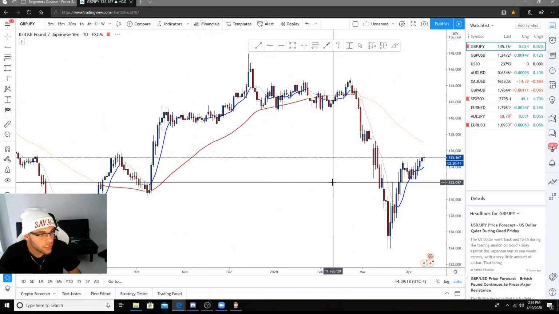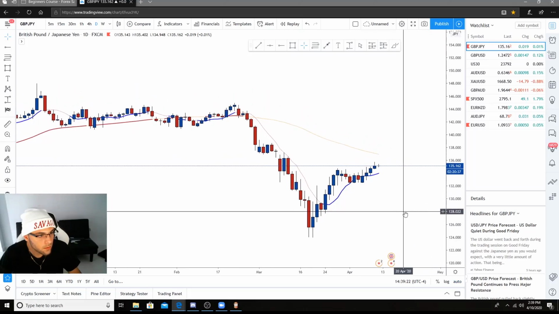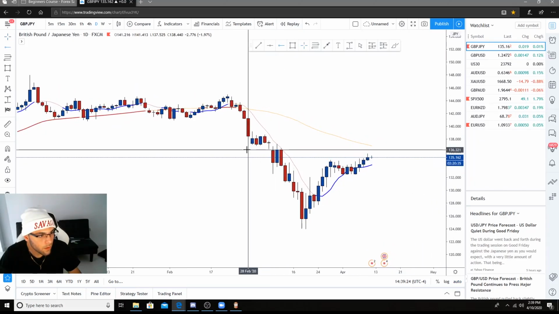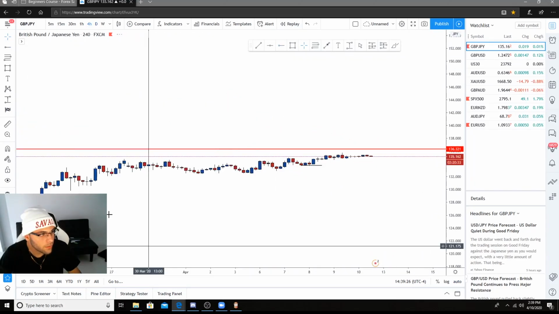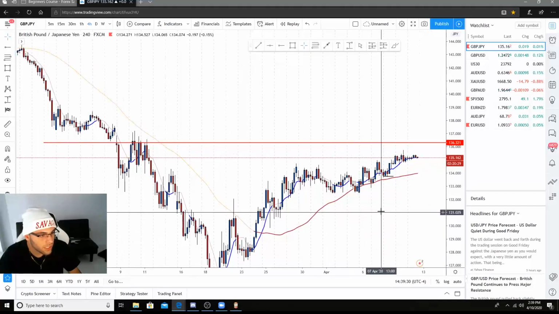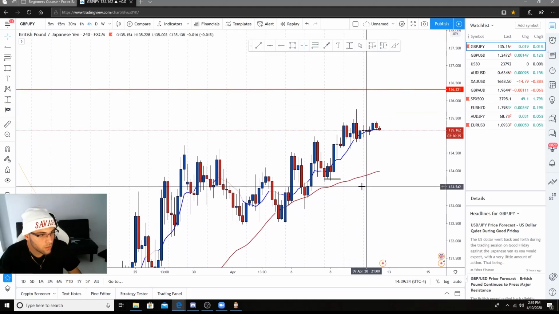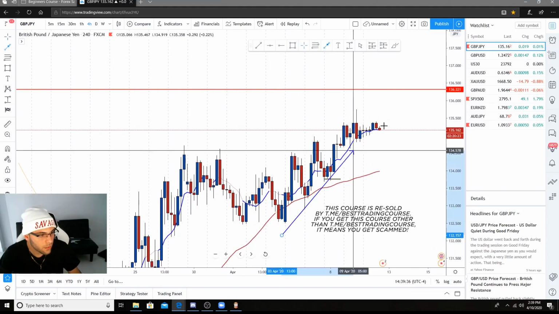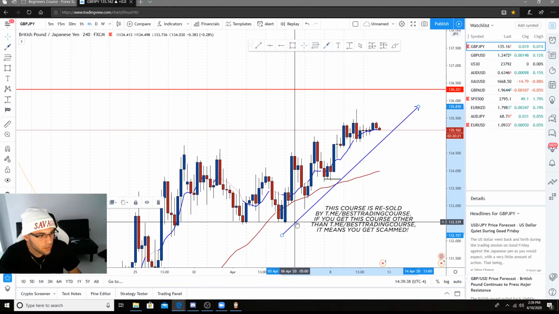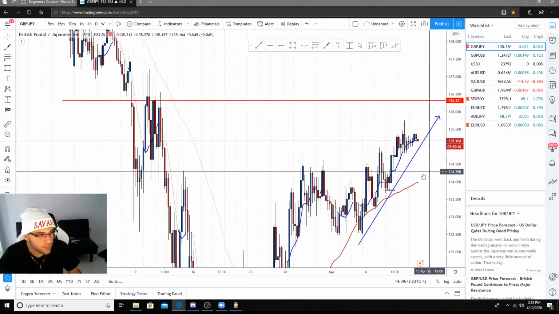Let's go to the daily. Right here, that's a target. Notice this is a nice little channel happening, going to the upside. We have new higher highs being created.